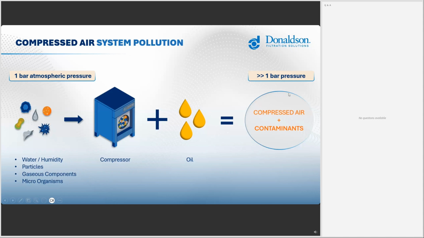We can say that in the compressed air system where the pressure is higher, the concentration of the contaminants is also much, much higher, because you are compressing the volume, but the amount of contaminants stays the same. So in a smaller volume, you have more, let's say, grams per cubic meter than in an air volume at atmospheric pressure. And that makes it also challenging to remove these contaminants.